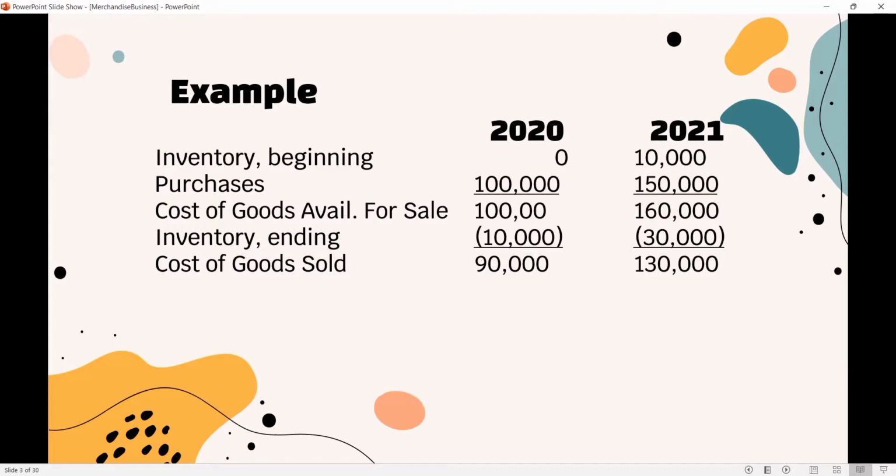At the end of accounting period, bibilangin ulit natin yung inventory natin. Ang nabilang natin is 30,000. Ibig sabihin, ang naibenta natin for the year 2021 is 130,000. Yung inventory ending natin na 30,000, yun ang magiging inventory beginning natin for the year 2022. And so on and so forth. Ganun lang. Next slide, please.